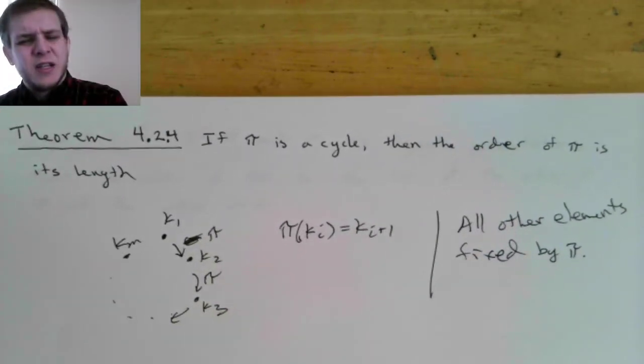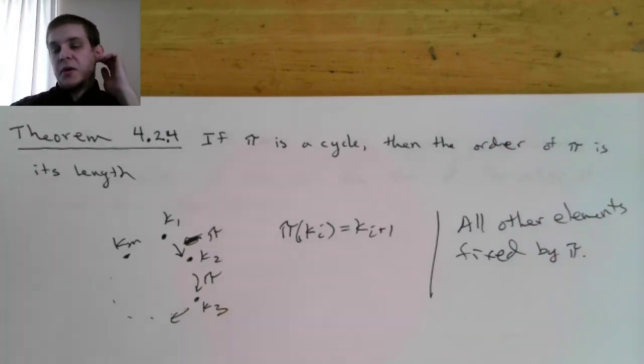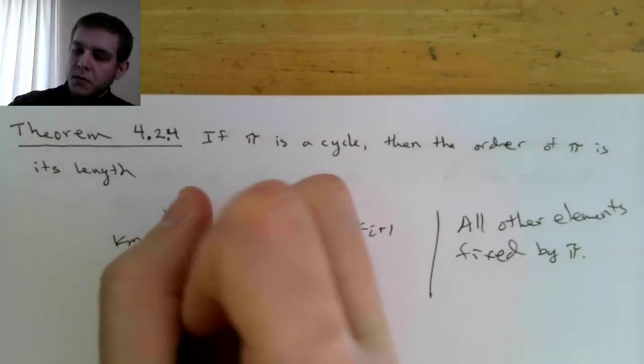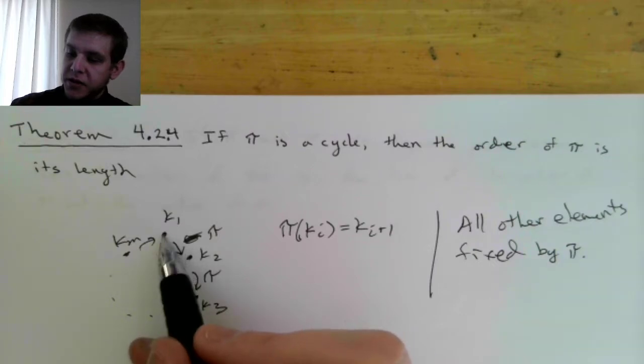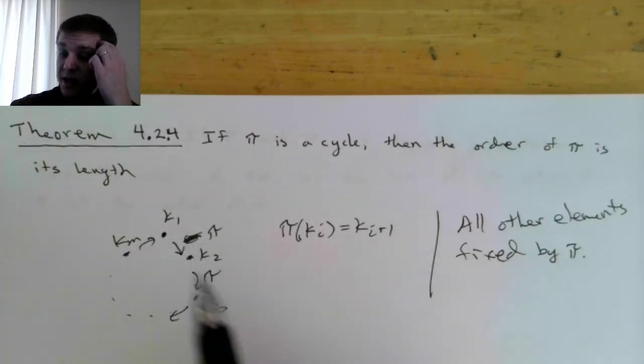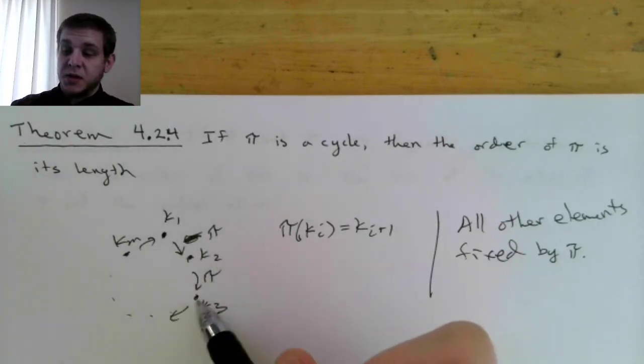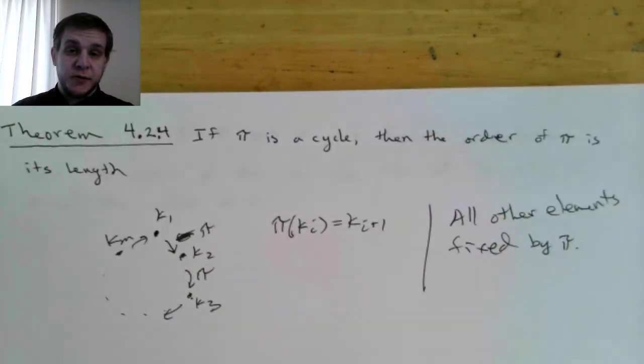We had this picture before when we were talking about orders of elements, that you just keep going around a cycle or circle until you get back to where you start. The key thing to note here is that when I go around m times, then k1 gets mapped to itself, k2 gets mapped to itself, and k3 gets mapped to itself, and so on and so forth.